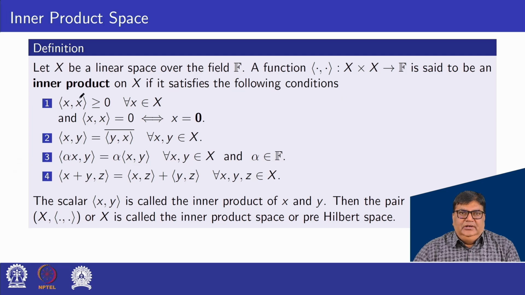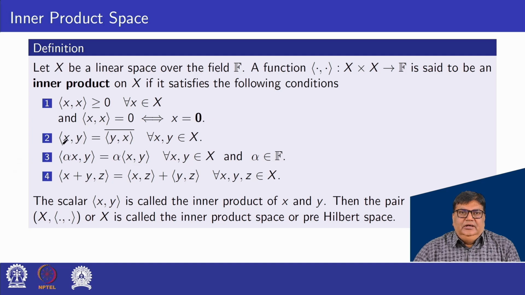First, inner product of (x, x) is always non-negative, that is, inner product of (x, x) is greater than or equal to 0 for all x belonging to X. And inner product of (x, x) is equal to 0 if and only if x is equal to the 0 vector.